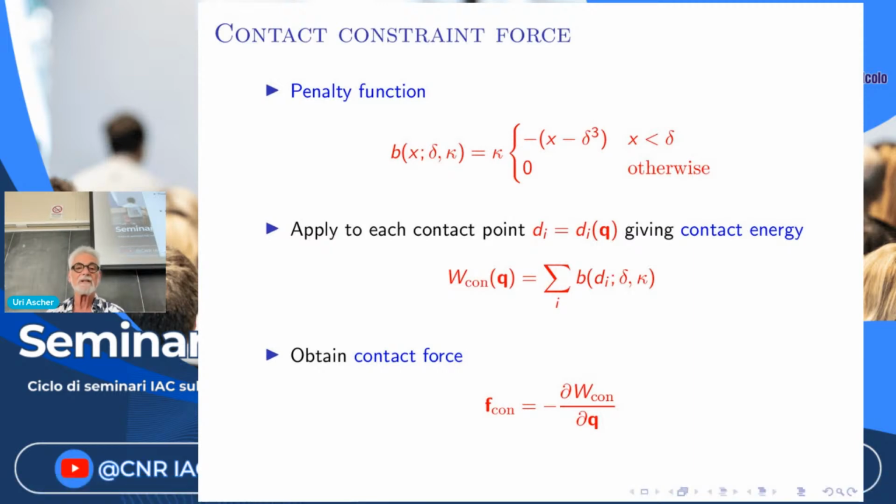So here is a penalty function, function B. Delta basically specifies how quickly you get the constraint, and how close you get to the constraint, and this kappa is 1 over delta times the material properties. And so we apply this penalty method for each of the points that touch when we get touching, and sum them up, and that is the constraint energy. Then taking the gradient of that, you get the constraint force.